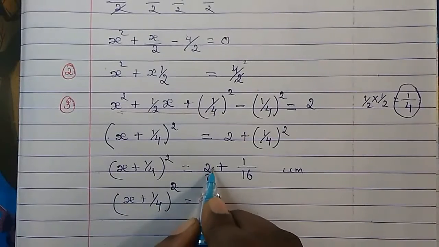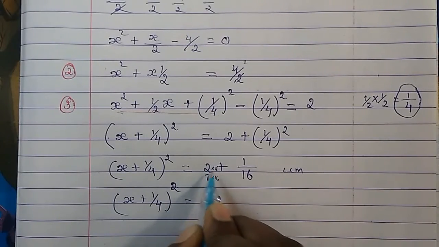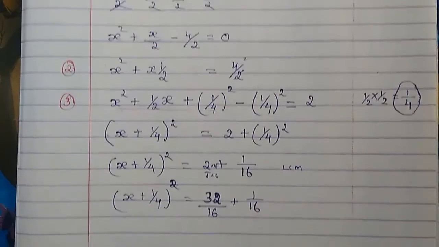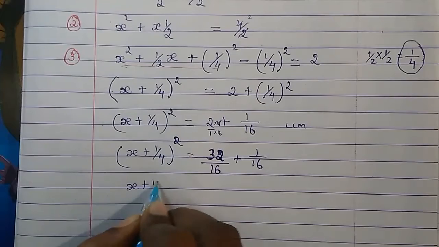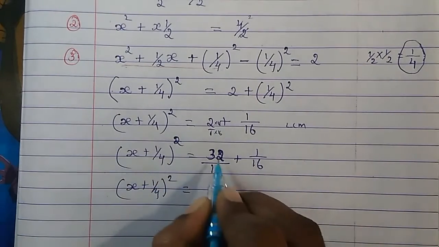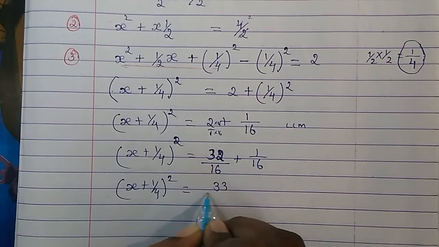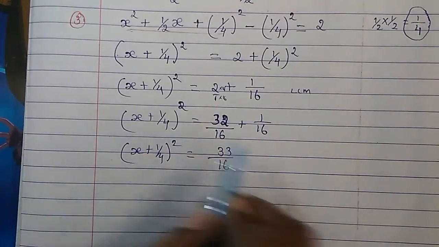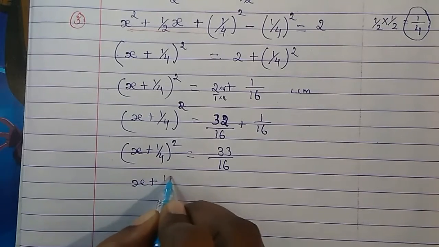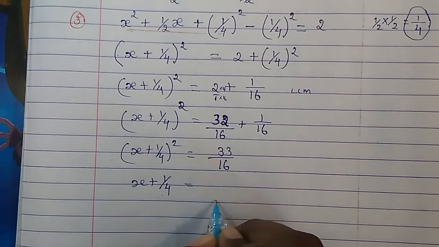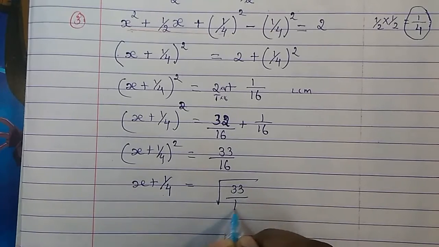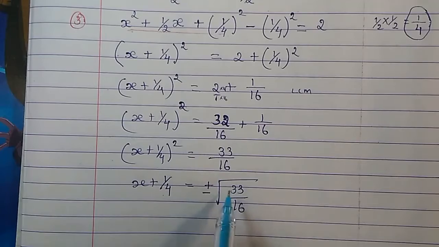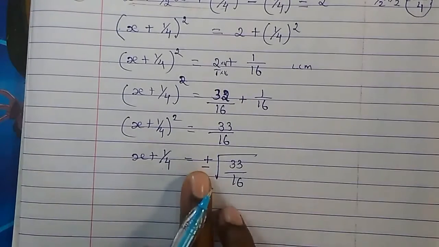Here also 16, so when you multiply you get 32 plus 1, which gives us 33, and this 16 here. Now let's bring the square to this side. When the square comes here, it goes under root, and it gives us both signs. Whenever it comes with a square, it can be plus or minus.